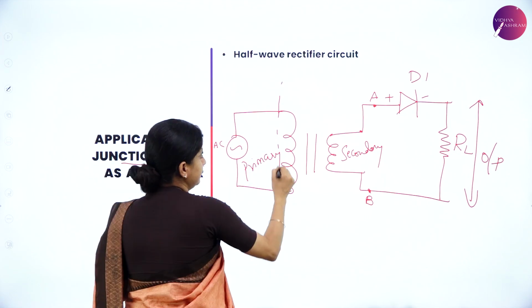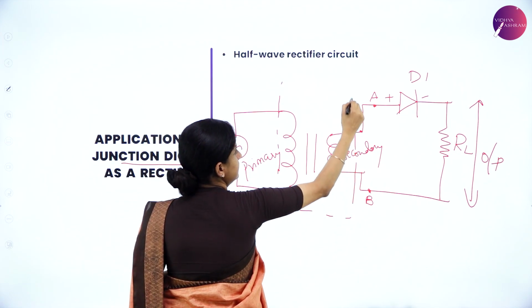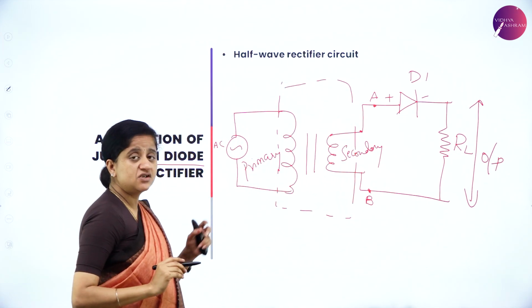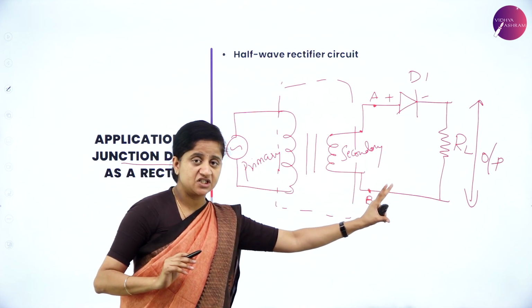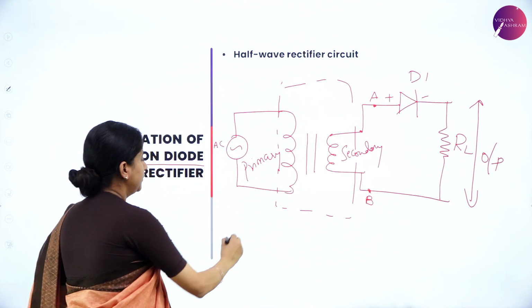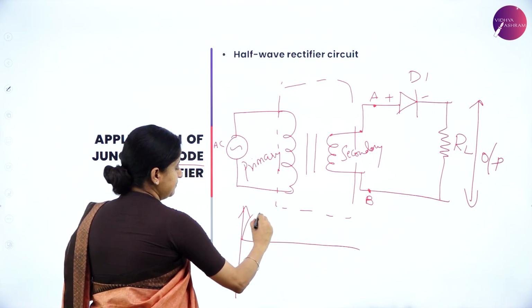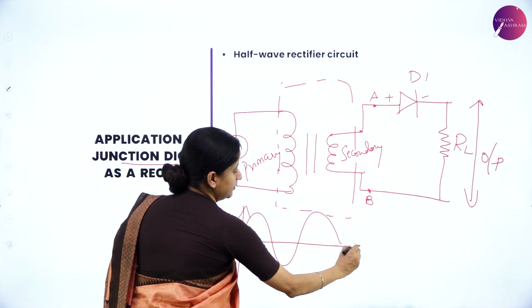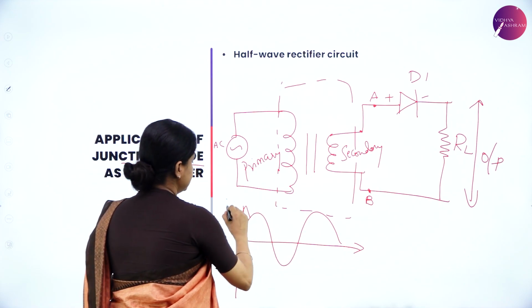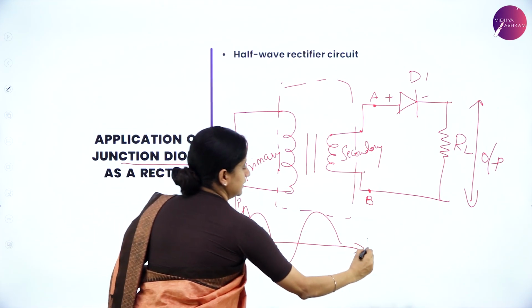As I said, we have considered a transformer. After this rectification process, we get an output signal. Say for example, I am sending an input AC signal. So this is my input signal.